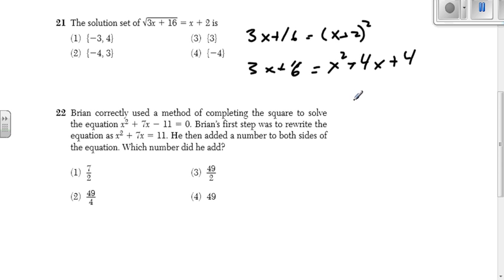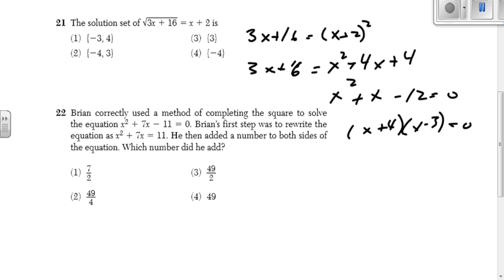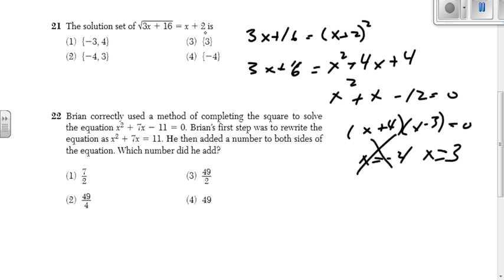Alright, that's going to give you a quadratic of x squared plus x minus 12 is equal to 0. Giving you x plus 4, x minus 3. So x equals negative 4, and x equals 3. Alright, you got to check. Negative 4. That's negative 12. No, can't equal a negative. Negative 4 rejects.